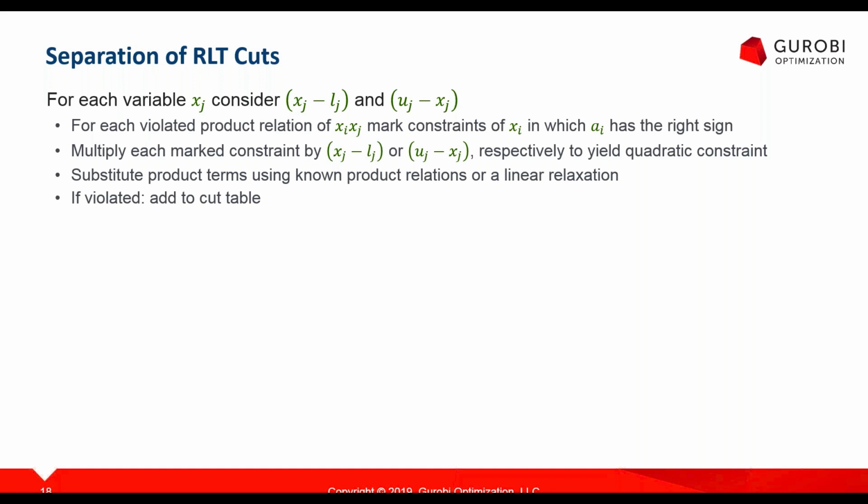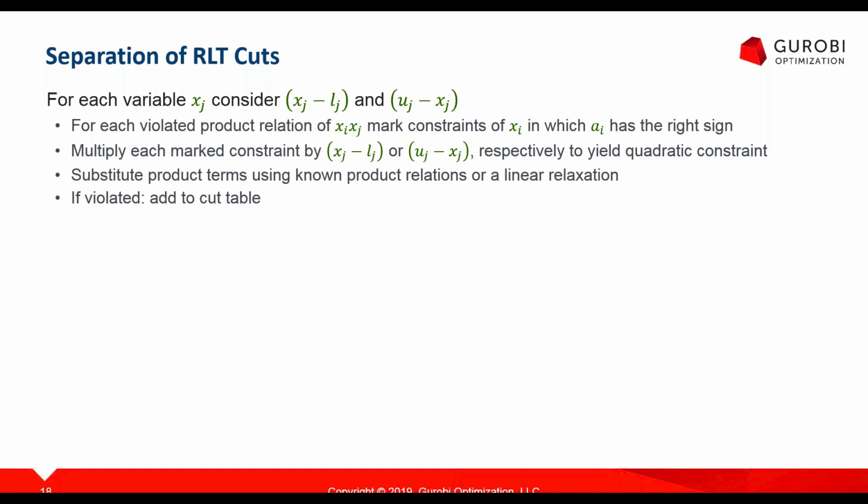And now we ask ourselves again, why can this lead to a violated cut in the end? Well, the reason is, as I have said initially, that this product relation, Yij equals Xi Xj, or Yij smaller or equal to Xi Xj, or larger or equal to Xi Xj, is violated by the current LP solution.